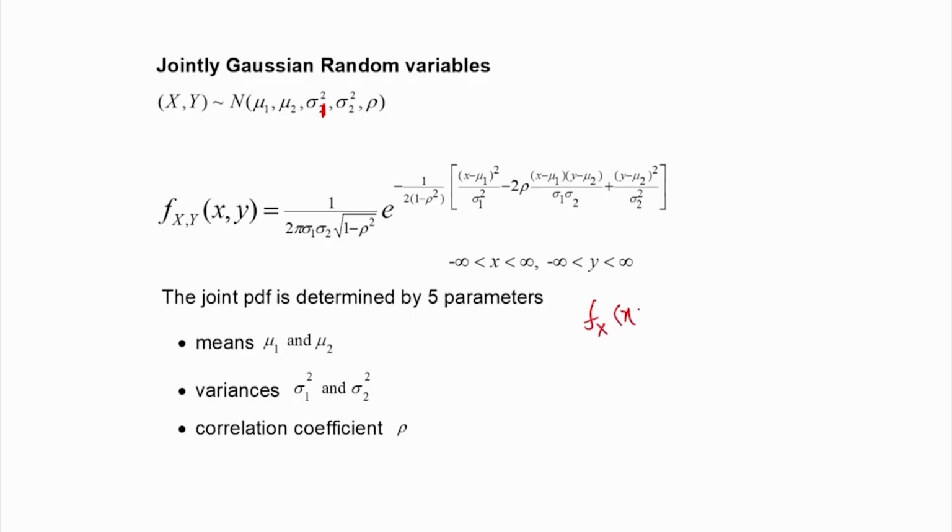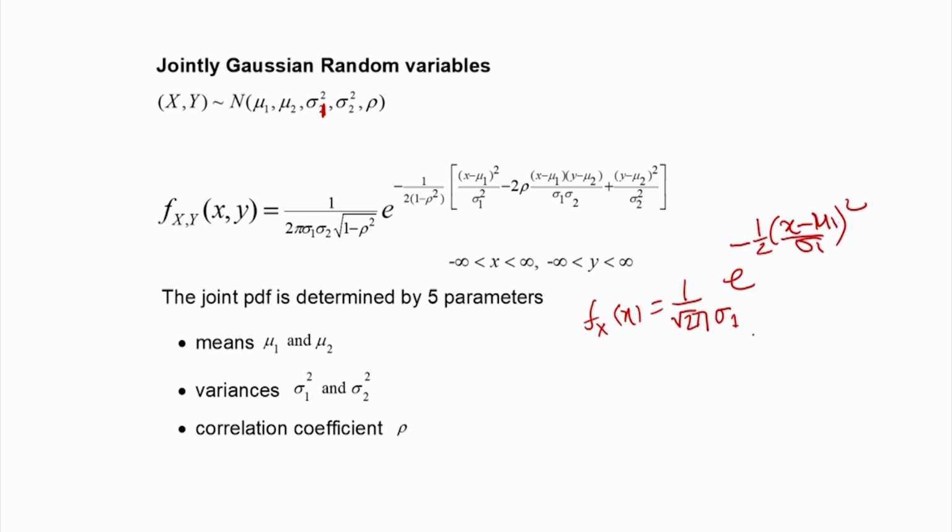It will be individually Gaussian: 1 by root over 2 pi into sigma 1 into e to the power minus half of x minus mu 1 whole square. So, this is the marginal PDF of x. Similarly, the marginal PDF of y will also be Gaussian with mean mu 2 and variance sigma 2.